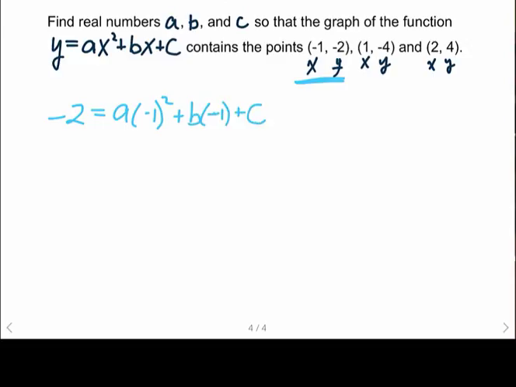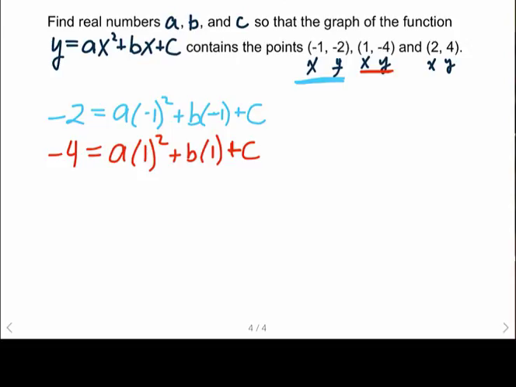You see, we're just substituting -1 in place of x. We can do the same thing for the second ordered pair, where x is 1 and y is -4. And so, -4 is equal to a times 1 squared plus b times 1 plus c.